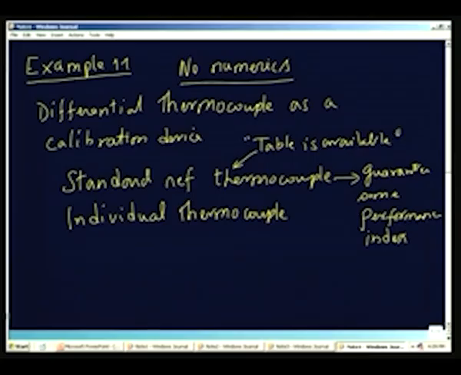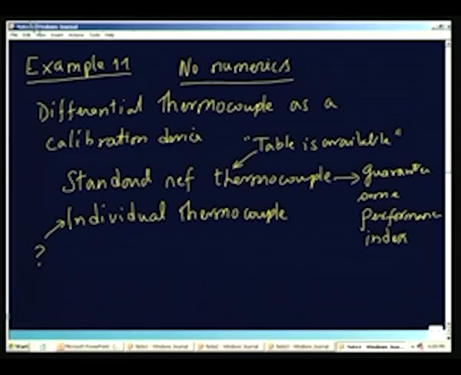The manufacturer has guaranteed some performance index, and you can use the table for this purpose. For the individual one I do not have a table. The question is, how do we go about calibrating this individual thermocouple with the help of the standard reference thermocouple?